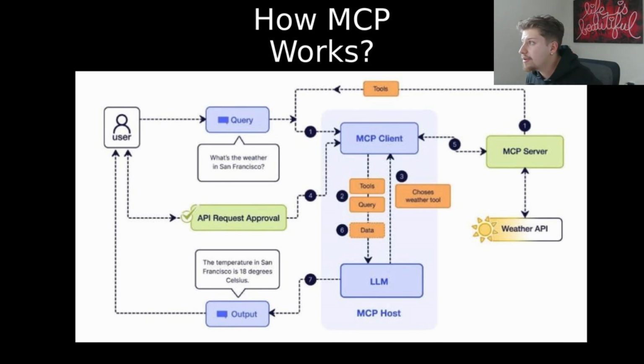Then it is going to give the data to the large language model, which will process the data again for itself, and it's going to give the output to the user. As we can see, the temperature in San Francisco is 18 degrees Celsius.